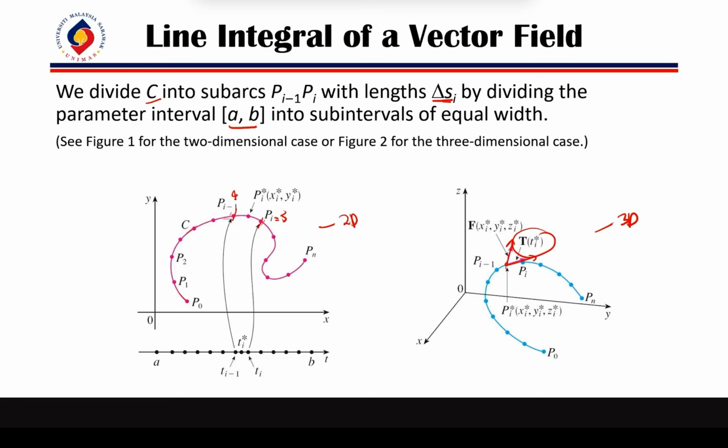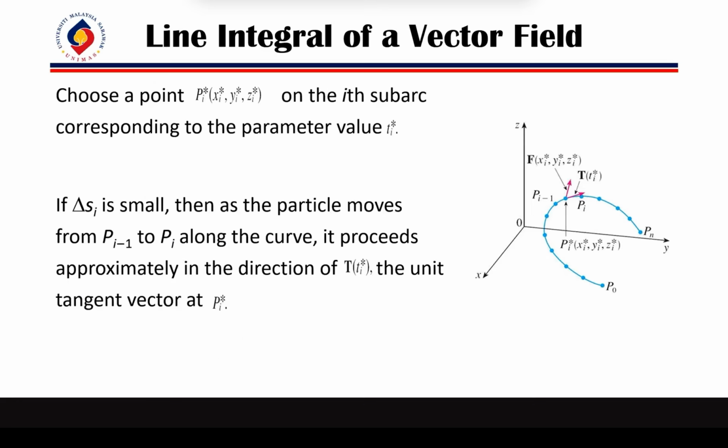So choose a point. Let's say we choose this point Pi. This is any point. Choose this point on the ith subarc corresponding to the parameter value ti. So that means here is also ti here. So we have to express this point in terms of t. So how do we express it?